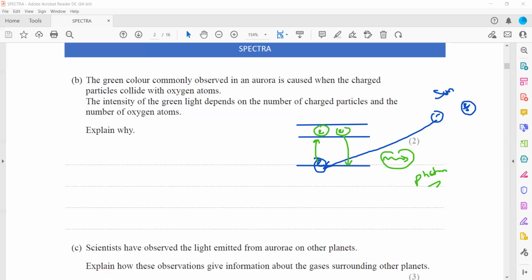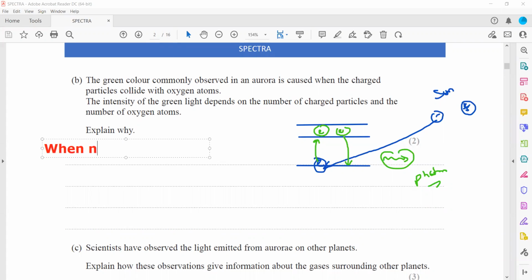As more charged particles enter the Earth's atmosphere, there will be a greater number of collisions between the charged particles and the atoms of oxygen. So more excited oxygen atoms will be there, and as a result, more photons. That's why the intensity will increase.